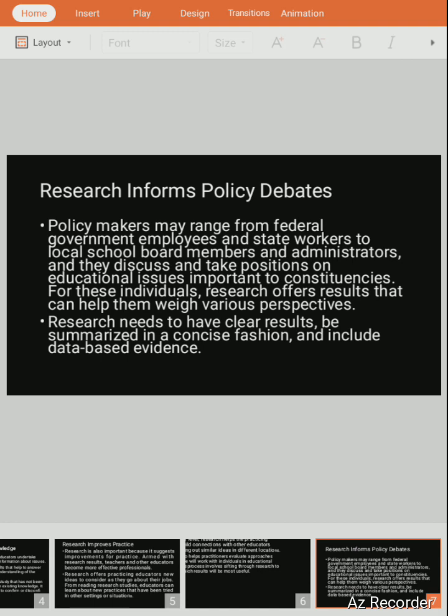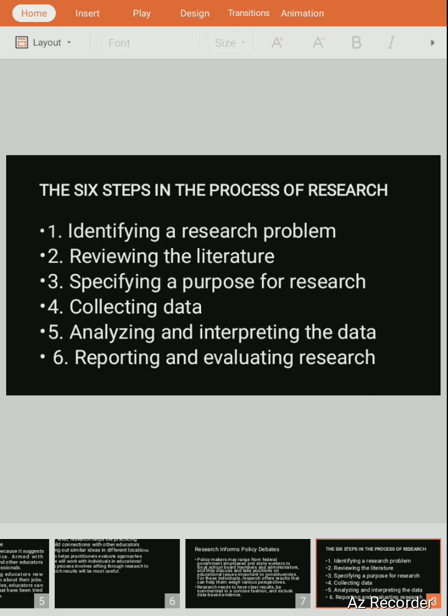So if your research is not getting a clear result, you need to work on your topic. You need to again pose questions and research objectives so that you can have a clear result, and can be summarized in a concise fashion and include database evidence. So your research questions should be answered by evidence that is data based.